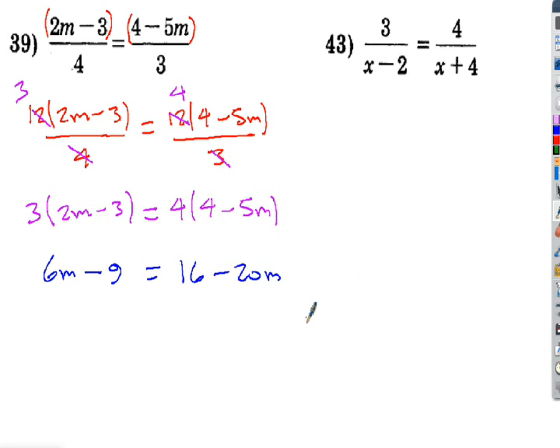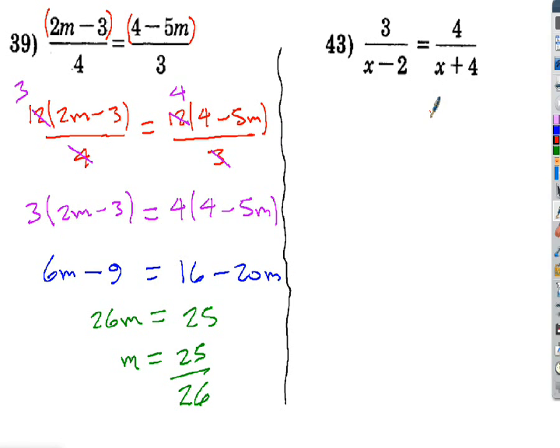On the next line, collecting all my m terms on the left hand side and my constants on the right, I'm going to add 20m to both sides, so that will give me 26m on the left hand side of the equation, and I'm going to add 9 to both sides of the equation, that will give me 25 on the right hand side of the equation. 16 plus my 9 is 25. Dividing both sides by 26, m in this case is 25 divided by 26.